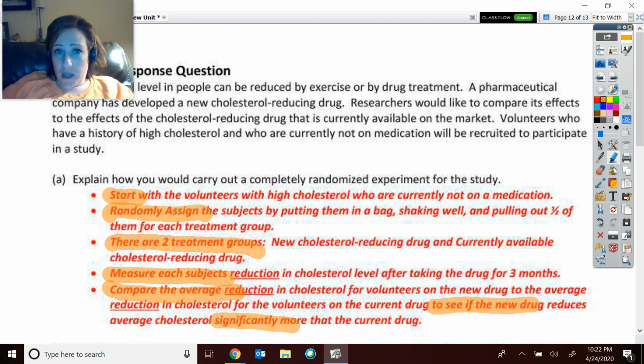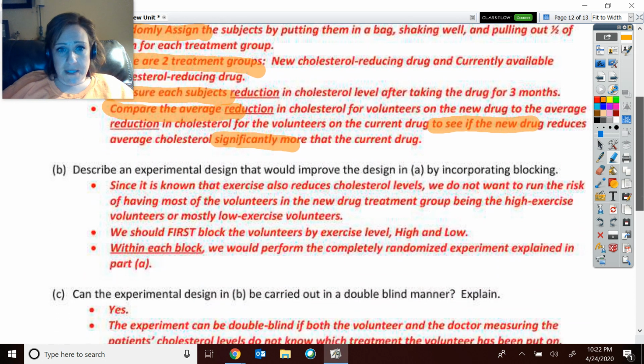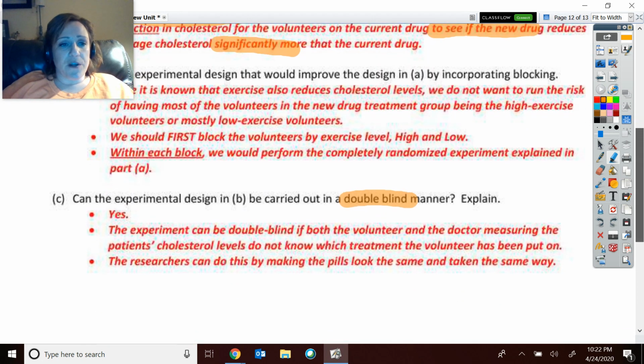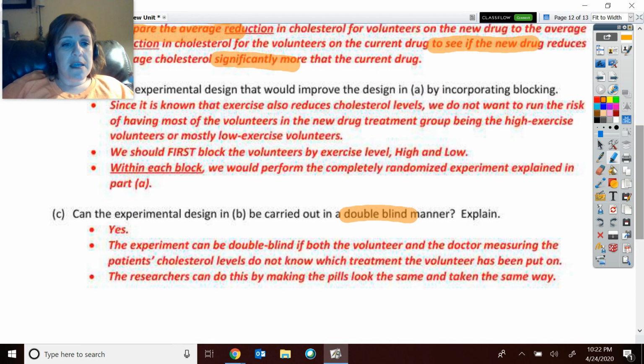So this was me going through StratMeCapped, and I bulleted those so you could easily see that part of it. Could this be described in a double-blind manner? I said very clearly, yes, with the definition, and then how they could do that in context.